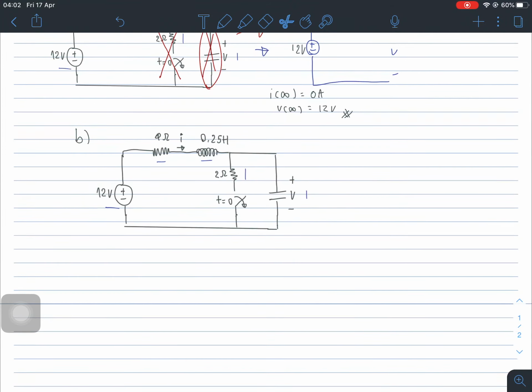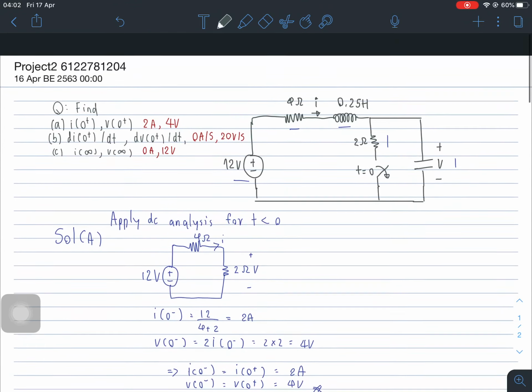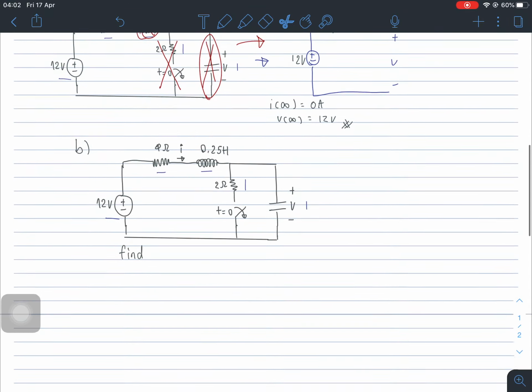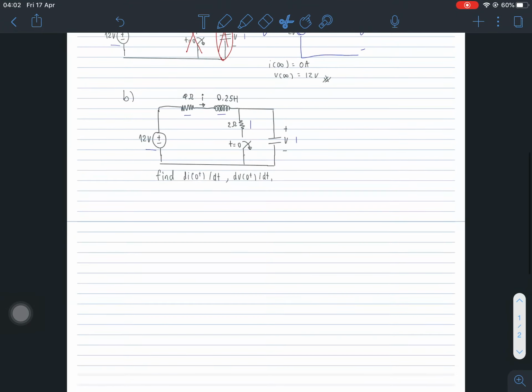Okay. So how can we find di/dt and dv/dt?